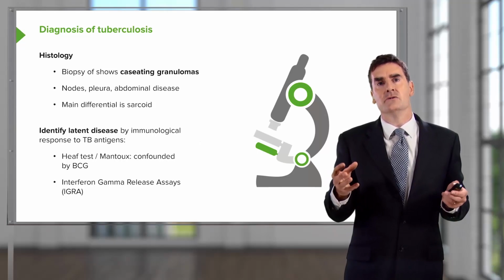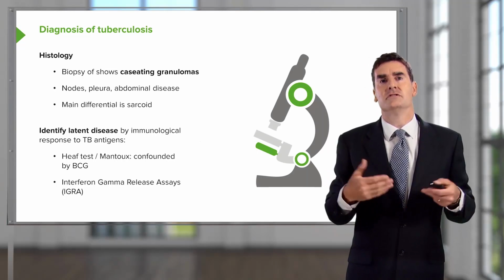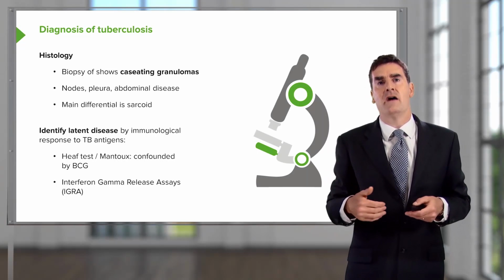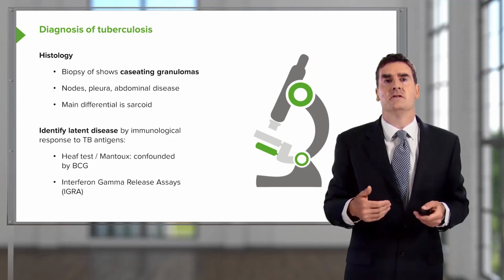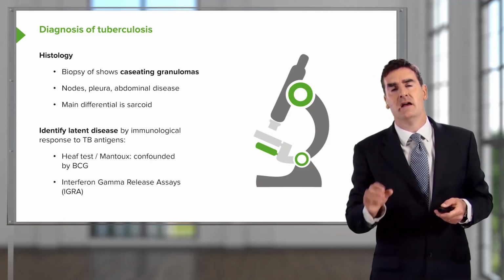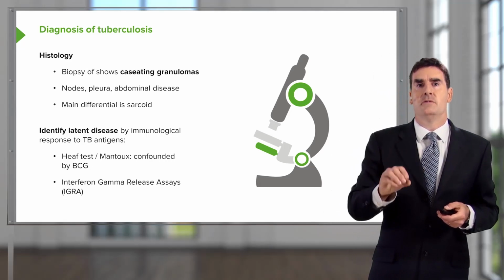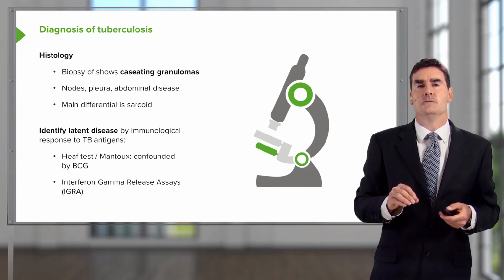The other test is a more recently developed blood test, where essentially we do a very similar thing: you incubate the patient's blood with a tuberculous antigen, and you see whether the white cells have a response to that. Those are called the interferon gamma release assays. Their main advantage is that they're not confounded by previous vaccination with BCG.